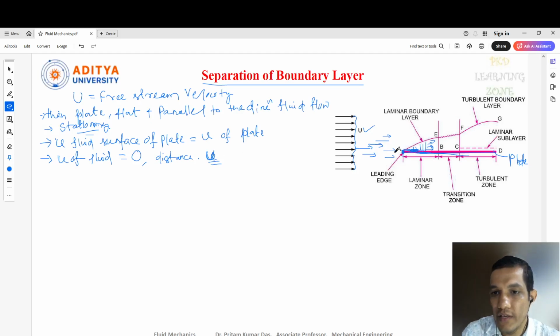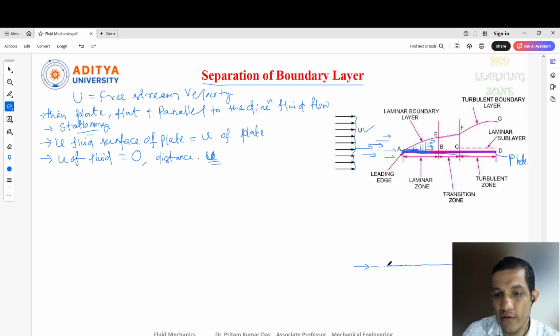Now we can see there is a change in velocity from layer to layer, which we discussed in our last lecture. Here also I'll show you how this layer formation happens. Suppose I have taken a plate here, and when the fluid strikes it, a few fluid layers will be in close contact with the plate.